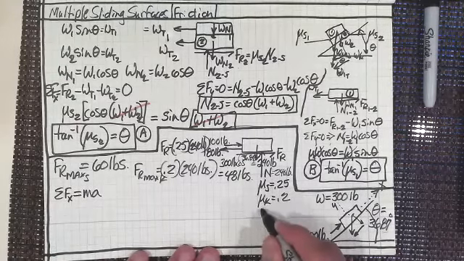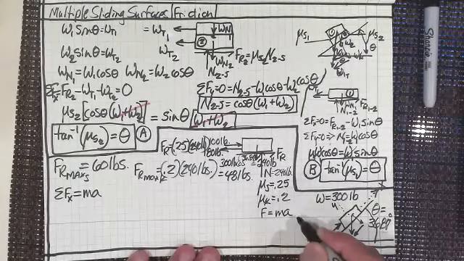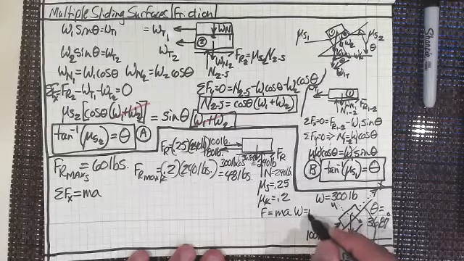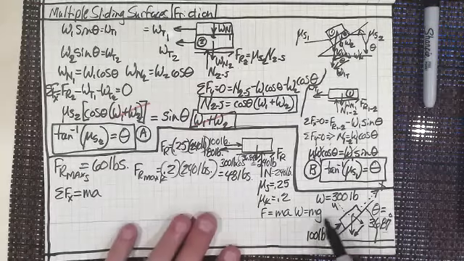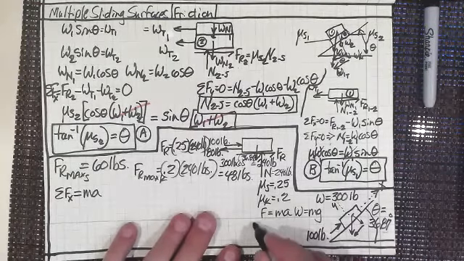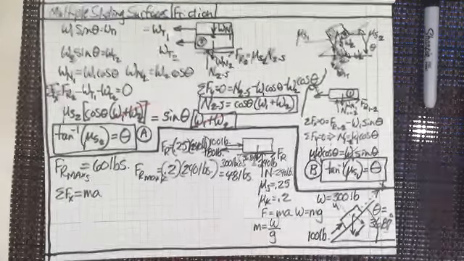Isn't force equal to mass times acceleration? And isn't the weight force equal to mass times the gravitational acceleration? Right? So doesn't that mean that mass equals weight divided by the gravitational attraction?